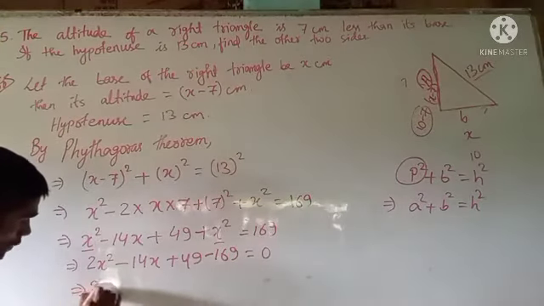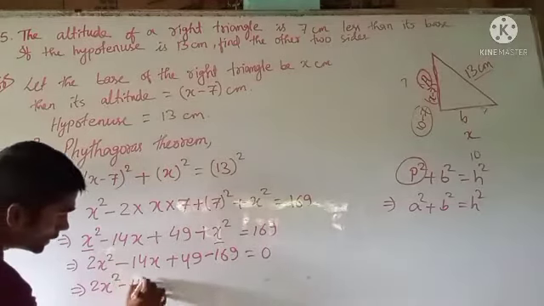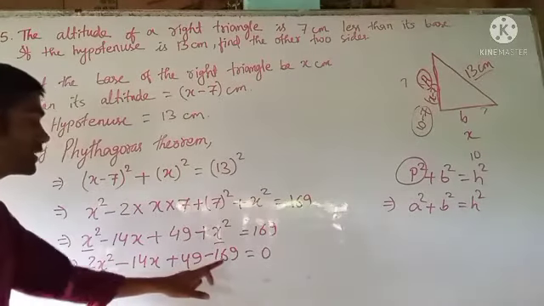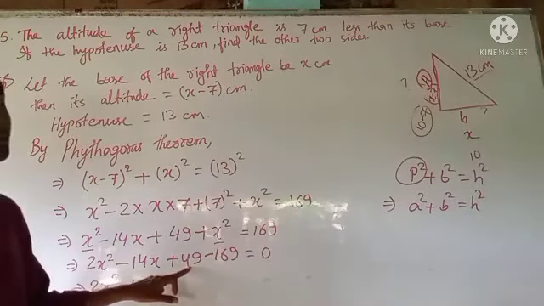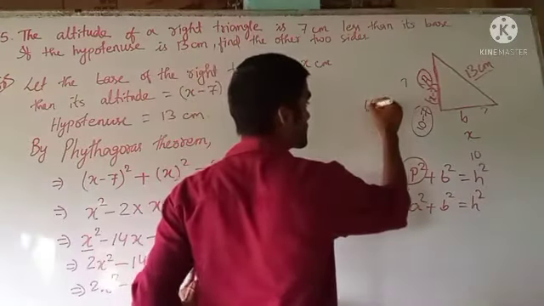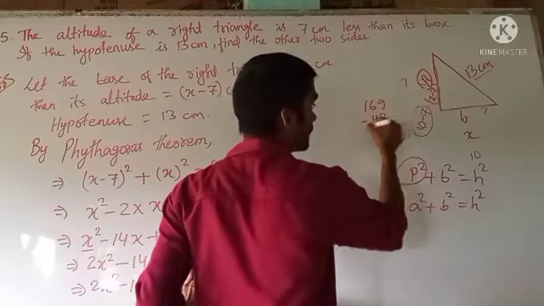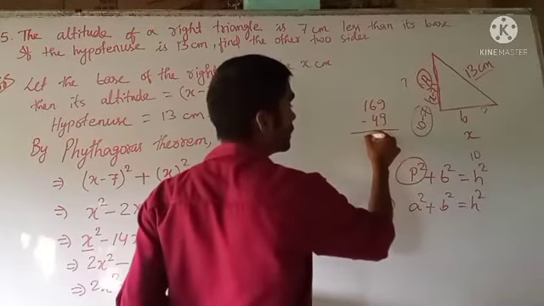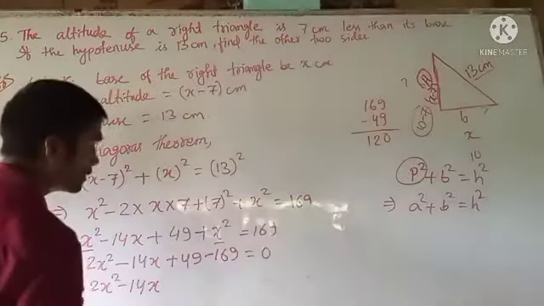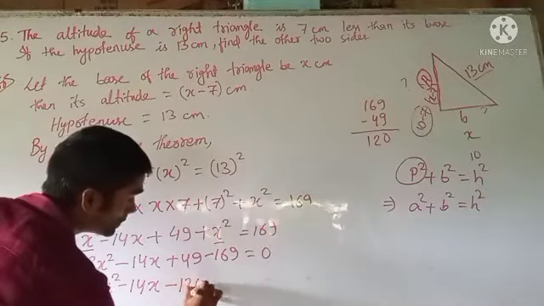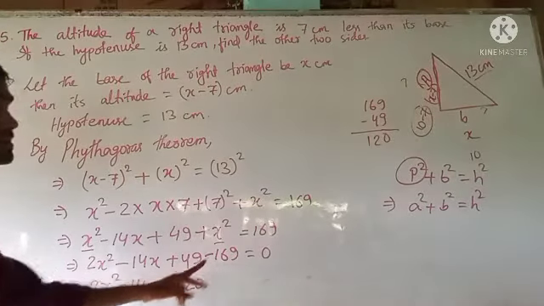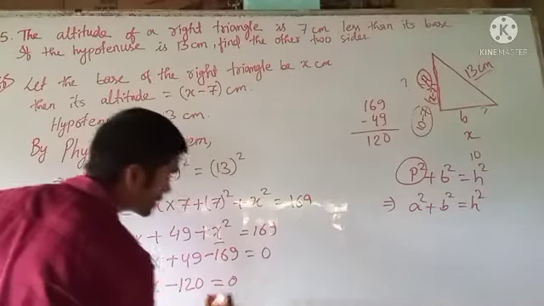Now 2x square minus 14x, plus 49 minus 169, so we subtract: 169 minus 49. 9 minus 9 gives 0, 6 minus 4 is 2, and 1 here. So we get minus 120, because the greater integer, 169, has the minus sign, equal to 0.